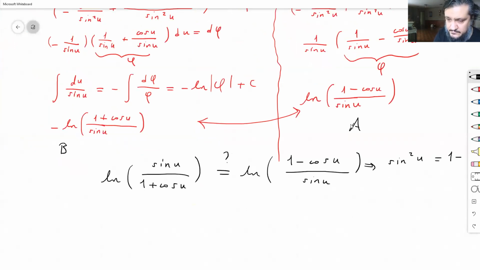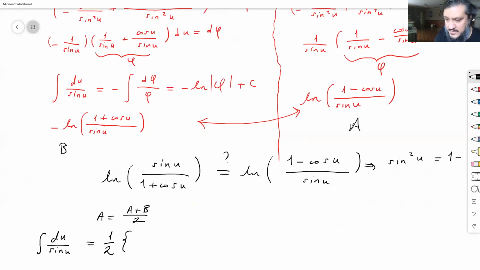So A, for instance, is equal to (A plus B) over 2. Right? So this integral, du over sine u, is equal to 1/2.